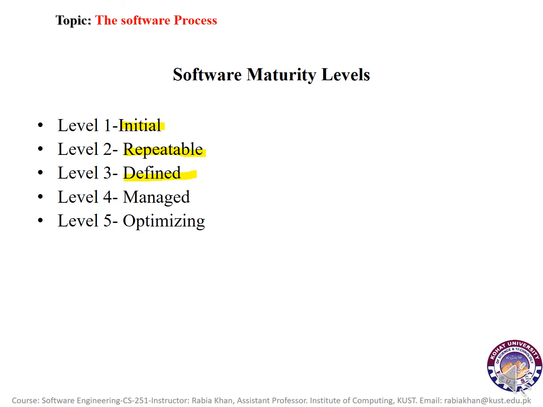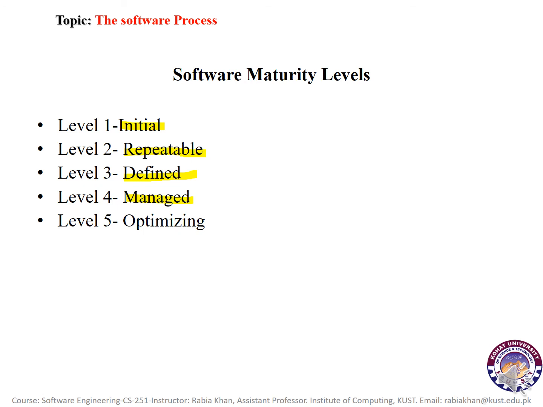The fourth level is then the managed level, or we can call it as managed. Here the qualitative and quantitative measures in order to measure the effectiveness of software process and the end product is ensured. So now you have a proper defined software process.